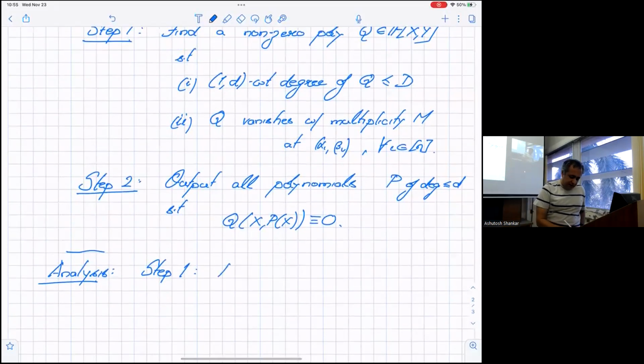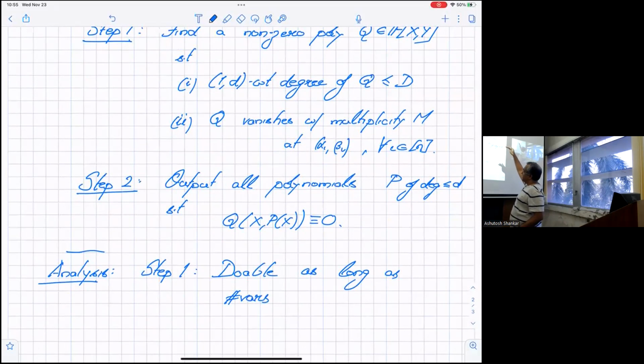It's doable as long as the number of variables is more than the number of constraints.